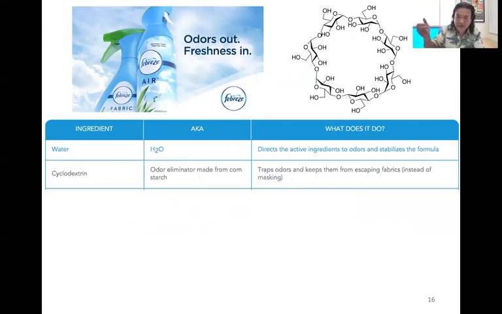Right? So when you spray Febreze and it comes out in little droplets of water with the cyclodextrins in it, then these aromatic stinky molecules that are floating through the air, right, get stuck into this water droplet, and then the water molecules have a chance to shove the stinky molecule into the little barrel of the cyclodextrin. And now when you breathe it in, you no longer smell the stinky molecule.